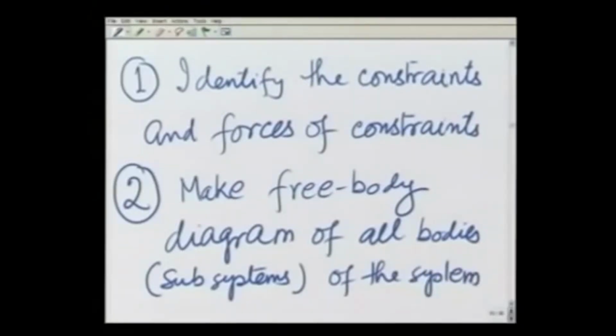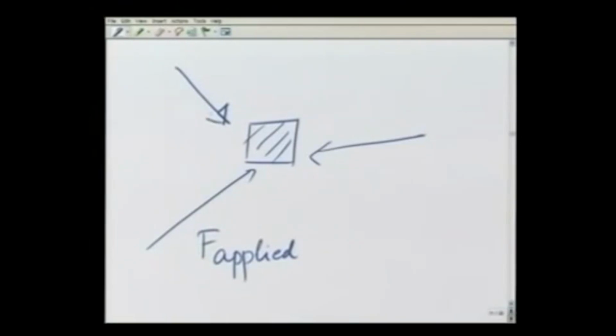Let me remind you what a free body diagram is. When I make free body diagram for a body, I make that body free and consider all the forces that are being applied from outside and the constraint forces on it. There may be more than one constraint force.